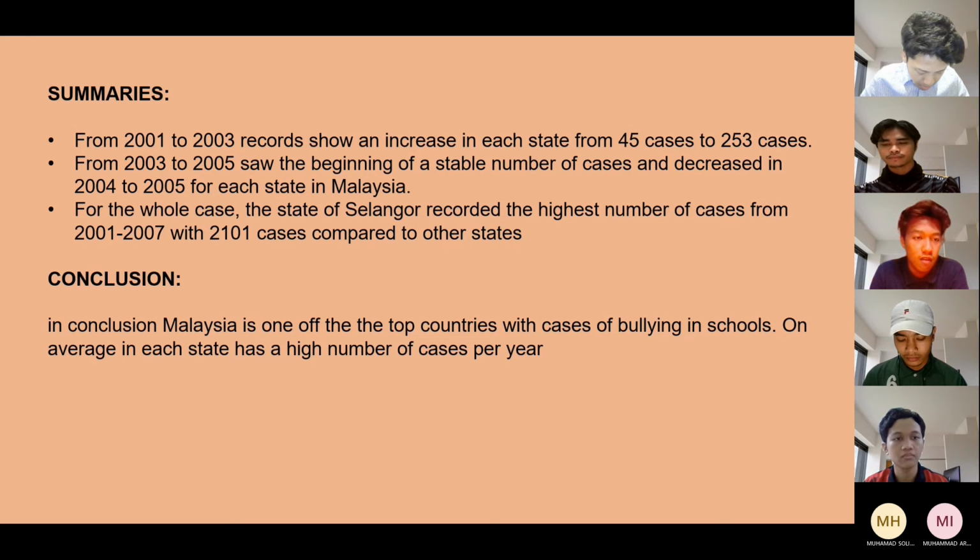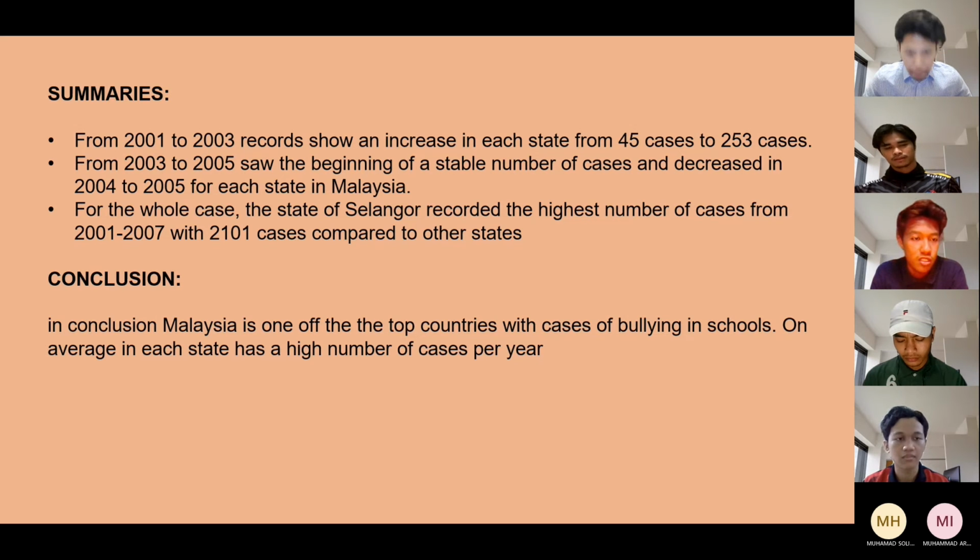And for the whole case, the state of Selangor recorded the highest number of cases from 2001 to 2007, with 200 cases compared to the other states.